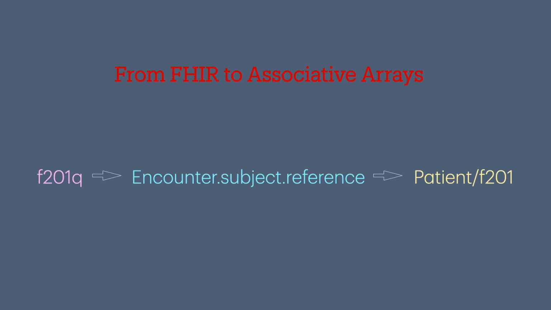How would a FHIR resource be represented as an associative array? Start with what the specification already gives us. Every FHIR resource persisted on the server is assigned an ID. Within the scope of that server, the ID is unique and typically stable across versions, but it carries no business meaning.